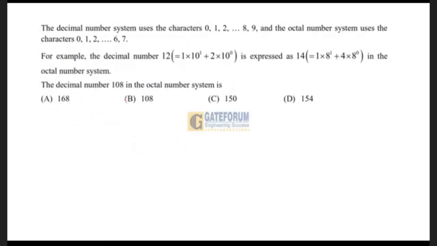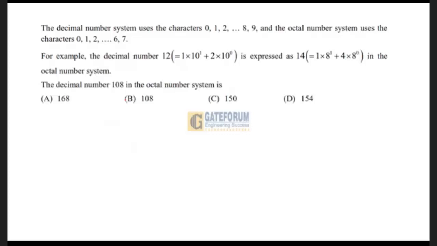The decimal number system uses the characters 0 to 9 and the octal number system uses the characters 0 to 7. I'm sure you know from number system properties that the digits used by the bases is one less than the number of the base.